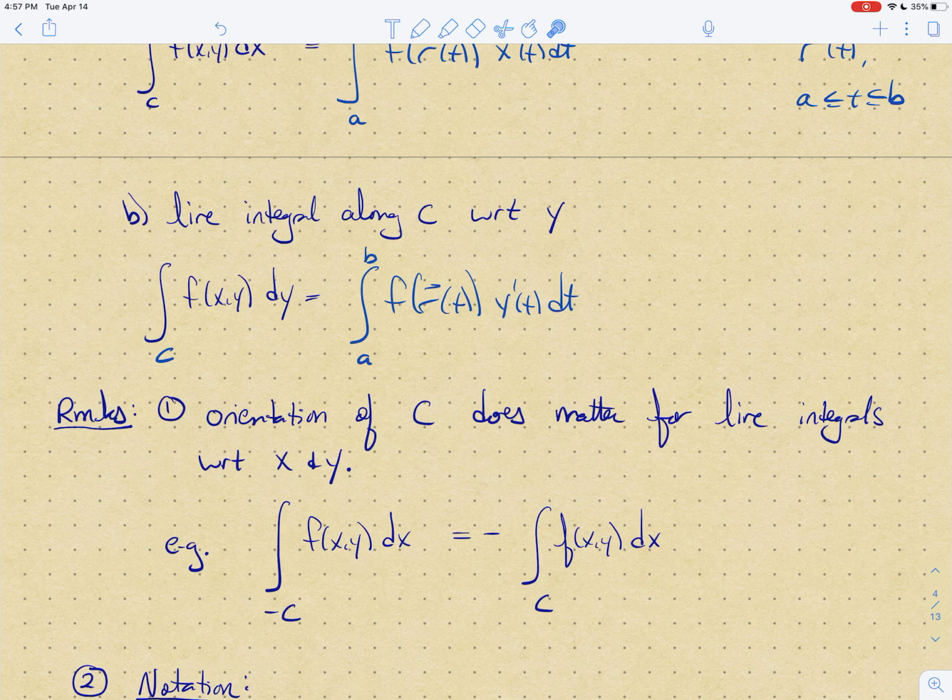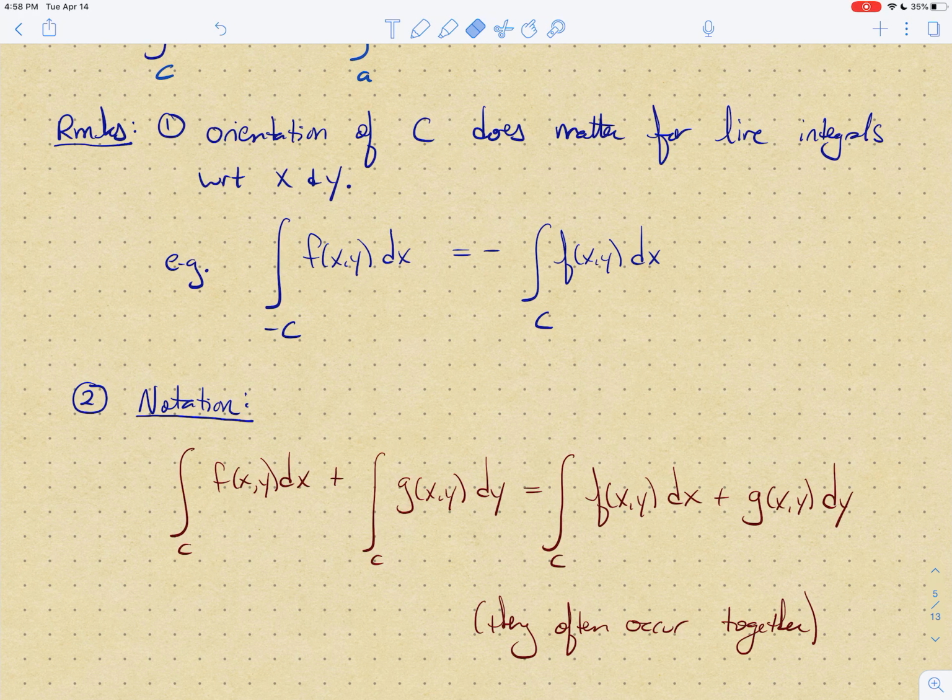Orientation is all a matter of context here, so whatever you start out with is your starting orientation. If you go the other way, then you just change the sign of the integral. It's not a big deal. It's not hard to deal with the different orientation, but it's really important that we keep track of it and don't forget about it.